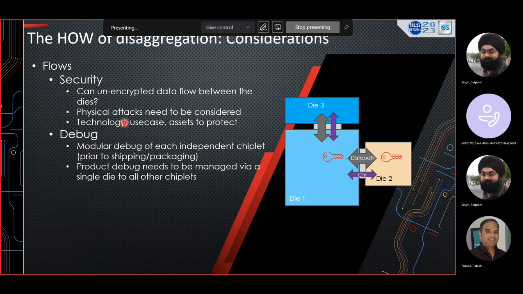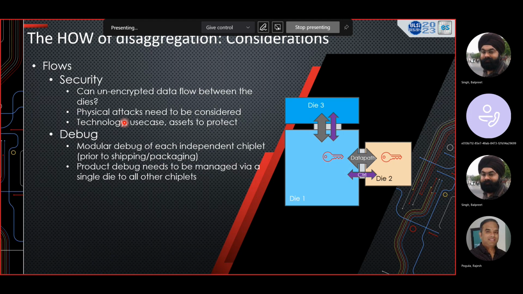At that point, you will only have a single main debug point, let's say a USB path through which you can debug your entire chiplet. So there has to be a path from the main die to all the other dielets. You don't want multiple debug ports or points brought out on the package.